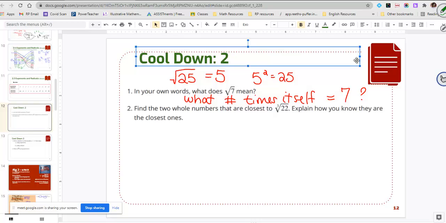Micaiah, how about you? Would you help us out with either number 2 for cool down 2 or either of the ones from cool down 3? Which one would you like to tackle with us? For cool down 2, I got 14 for the closest because it was a decimal number afterward. Okay. All right. So you did the cube root of 22? Yeah. And you're saying you got 14 for that?